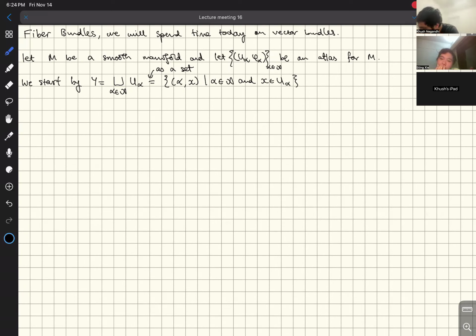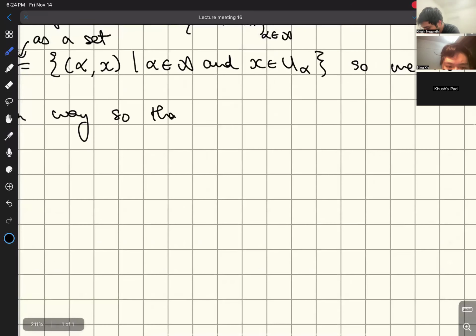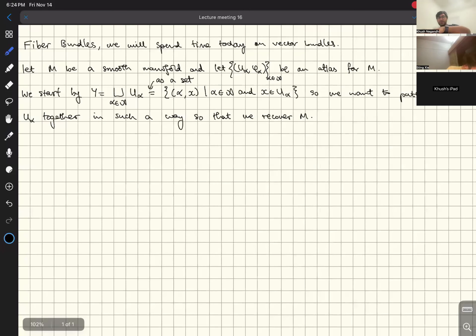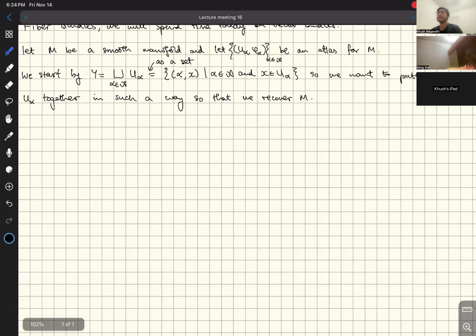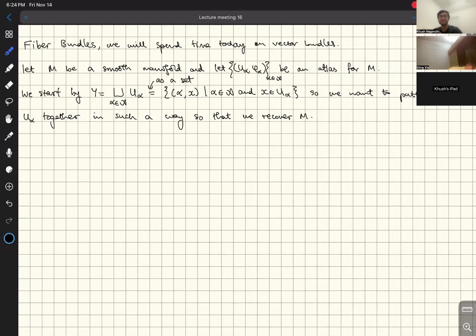So we want to patch the U_alpha together in such a way that we recover M. Because as of right now, everything's just on top of each other. So even if U_alpha and V_alpha, for example, intersect, that intersection is not shown in this disjoint union.